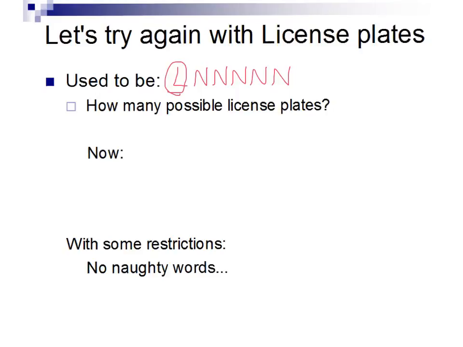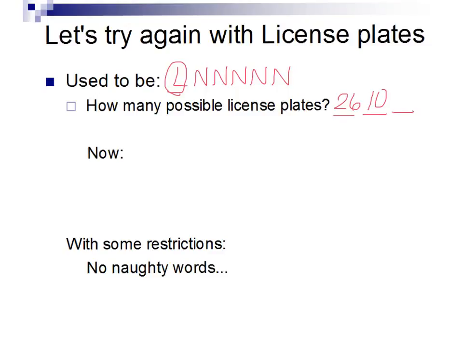Okay, so if that's the case, how many possible license plates were there when I was a little girl? Well, assuming there's no restrictions at this point, so the first character had to be a letter, so I would have 26 possibilities for that. Now, the next one would have to be a number, and so that could be any number, no restrictions there, so there'd be 10 possibilities there.